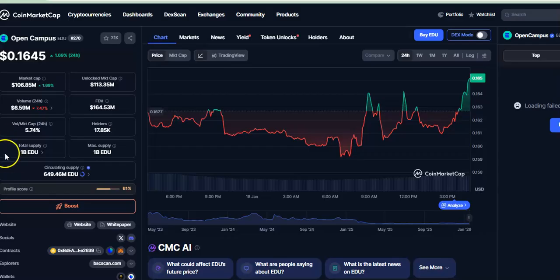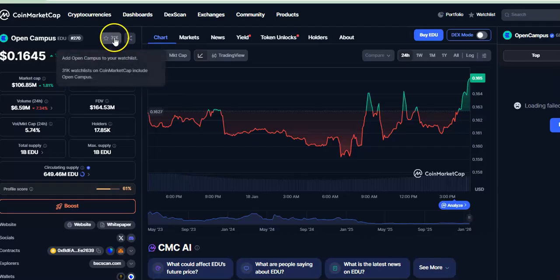And the total supply is 1 billion EDU coin, and the maximum supply is around 1 billion EDU coins, and there are 17,850 holders for this cryptocurrency, and the circulating supply is 649.46 million EDU coin. So these are the details, and you can see the rank is around 270. Around 31k users are following this cryptocurrency.